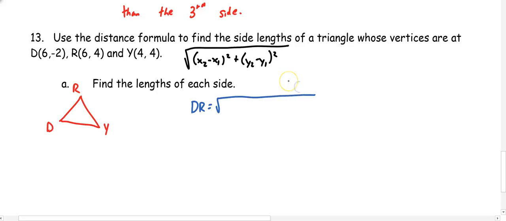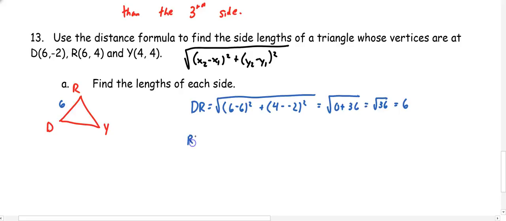So the side length of DR would be 6 minus 6 squared plus 4 minus negative 2 squared, which would get us 0, because 6 minus 6 is 0, 0 squared is 0, plus 6 squared, which is 36, which gives us the square root of 36, so the side length would be 6.